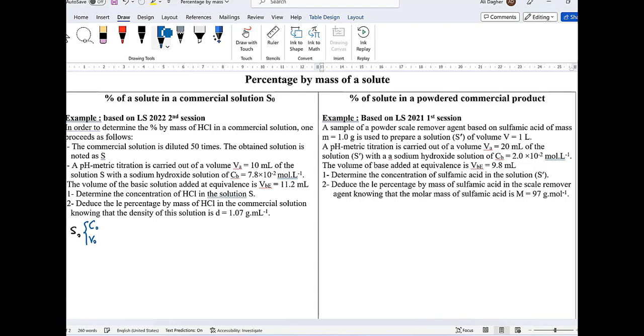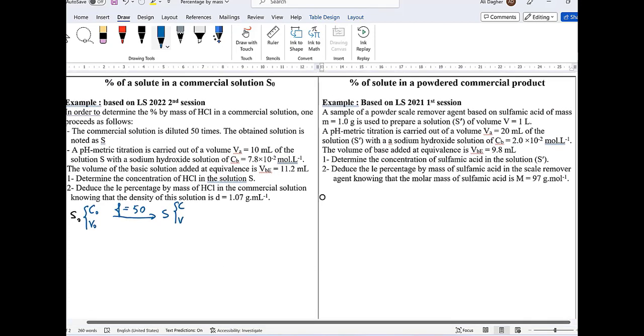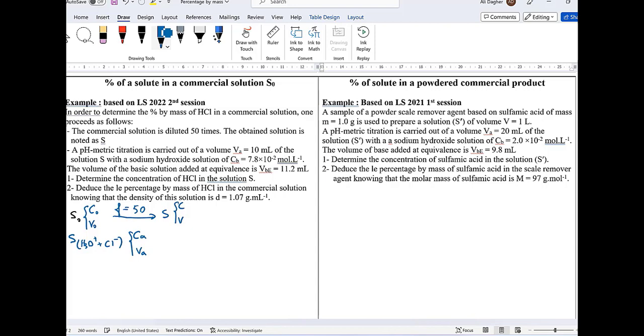We take a volume V0 to prepare a solution S of concentration C and volume V. The solution S0 is diluted 50 times to prepare the solution S. Now, the diluted solution S, which is a hydrochloric acid solution, a strong acid HCl plus Cl minus, of concentration Ca, we take a volume Va equal 10 milliliter.